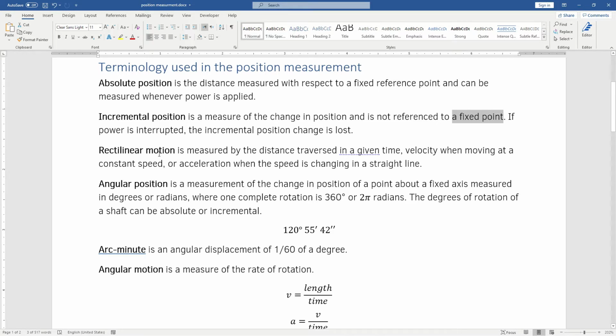Angular motion here is the measurement of rotation. طيب, لاحظوا شباب here. When I talk about motion, that means I'm talking about the change of the speed, of the location, of the distance, or the change in the acceleration and the speed.